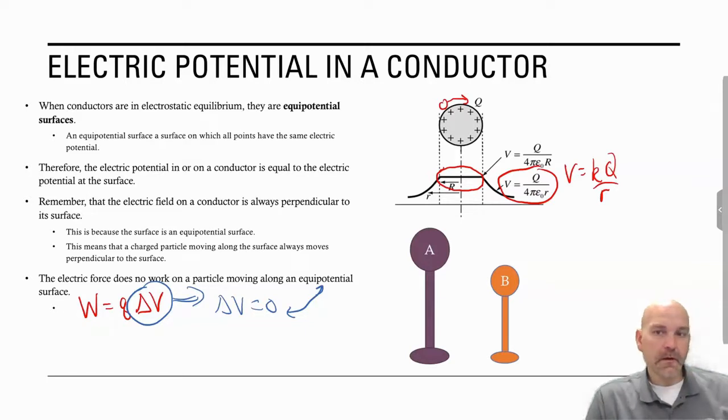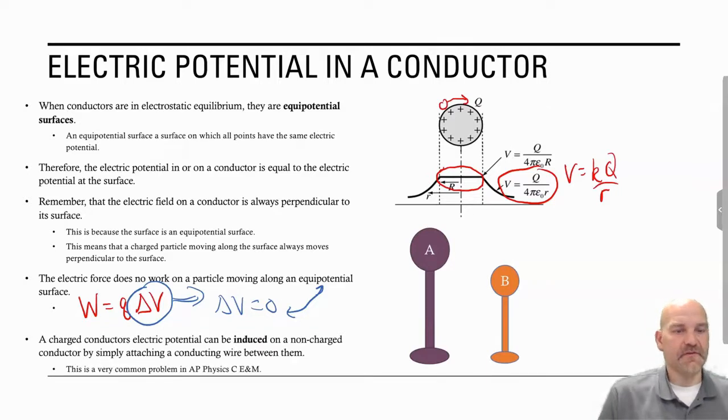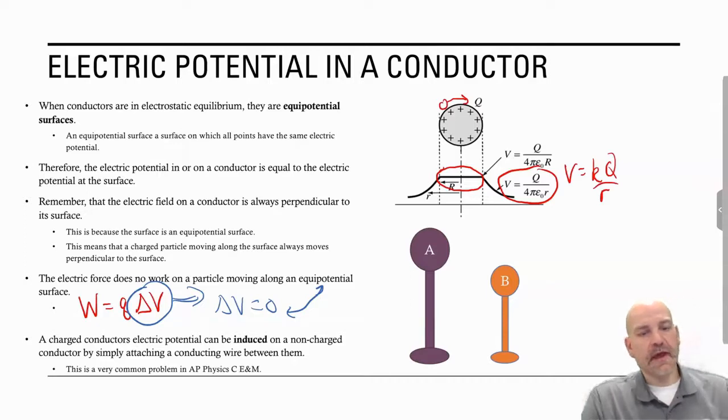Now, one of the most common questions here for electric potential is the double sphere, or inducing a charge on a second sphere. A charged conductor can give its charge to a non-charged conductor in a couple of ways.